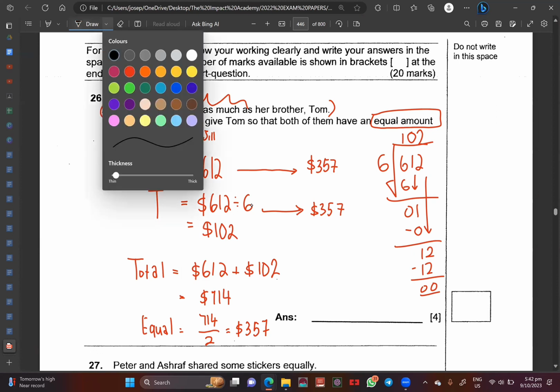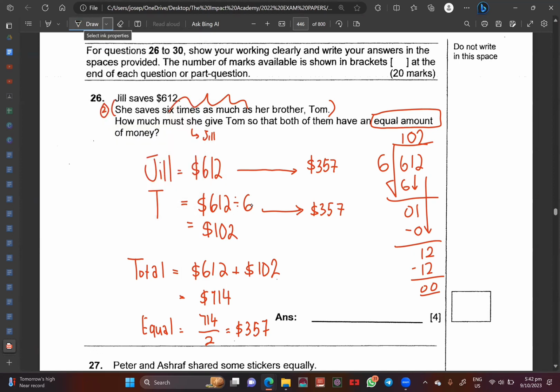My question to you, Shamvita, is how much must Jill give to Tom? You see, this is the question mark over here. Correct or not? Because Jill has 612 first. Jill wants to get to 357. Why is it 357? Because 357 is the equal amount. Yeah. Right? So how do I find this question mark? I just have to do 612 minus away 357. Am I making sense here?